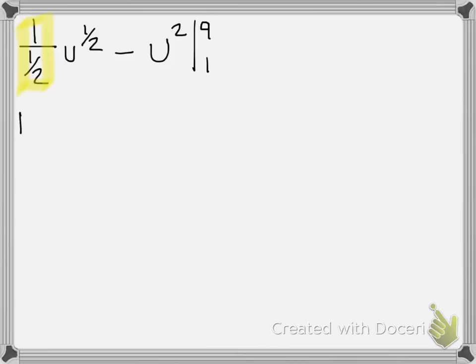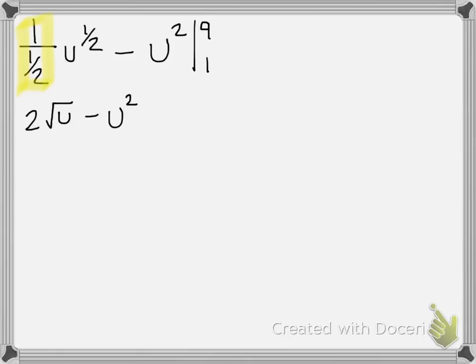So it's going to be 1, and we're going to keep the 1. We're going to change the division sign, and then flip the bottom fraction. So as you can tell, that's just going to become 2. So we're going to have 2 times u to the 1/2, which is the square root of u, minus u squared.